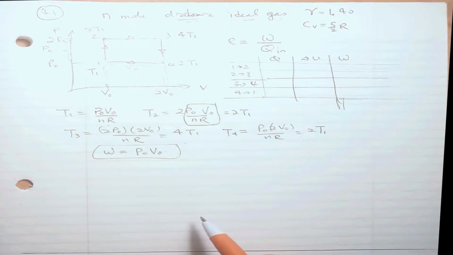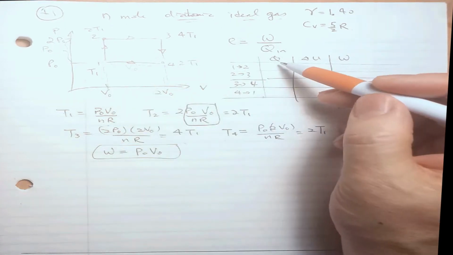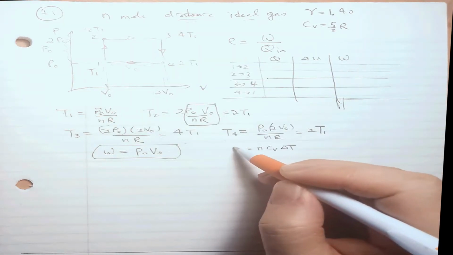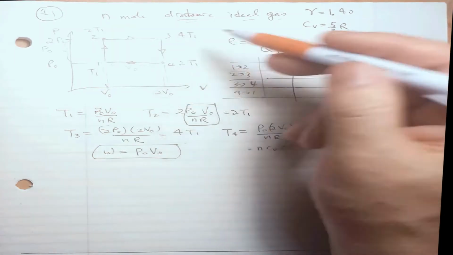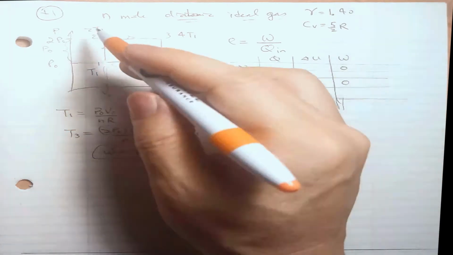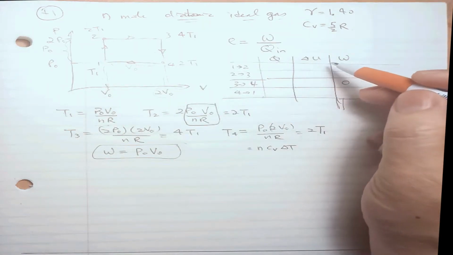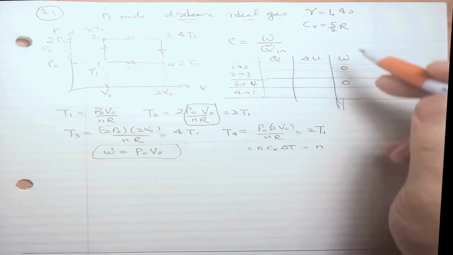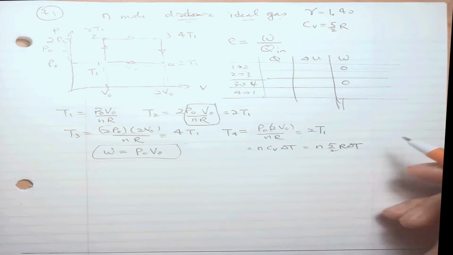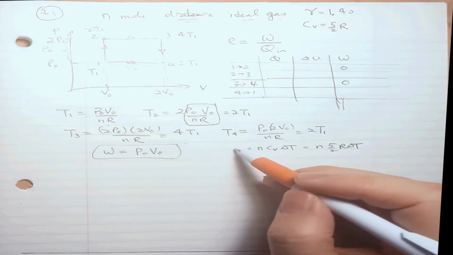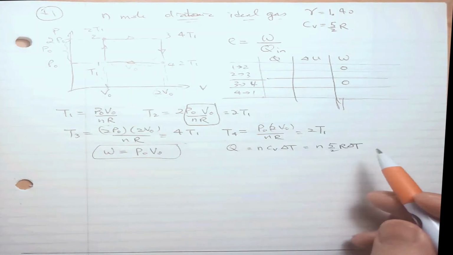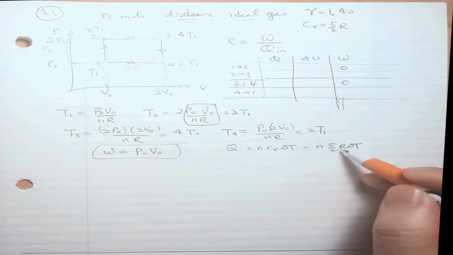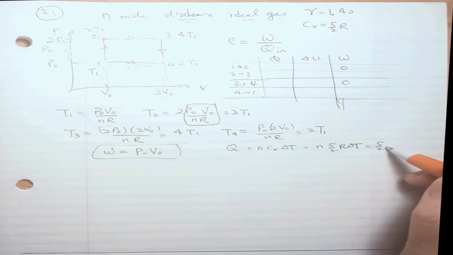Now what about the heat that goes in? Well, the heat going in for 1 to 2 is nCV delta T, because there's no work. From 1 to 2 and 3 to 4 there's no work, because it's isochoric, and isochoric processes have no work. So all the heat is from the change in internal energy, which is nCV delta T, or n 5/2 R delta T. So the heat of 1 to 2 is the same as the internal energy increase, 5/2 nR.